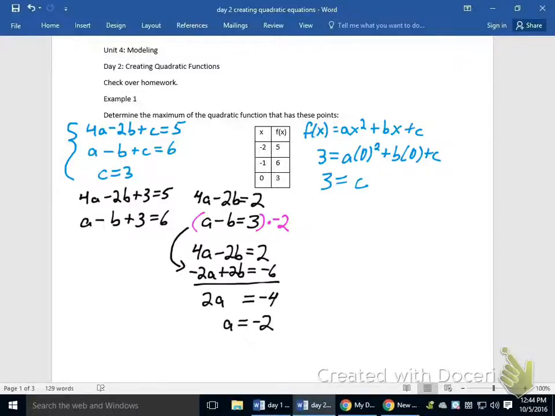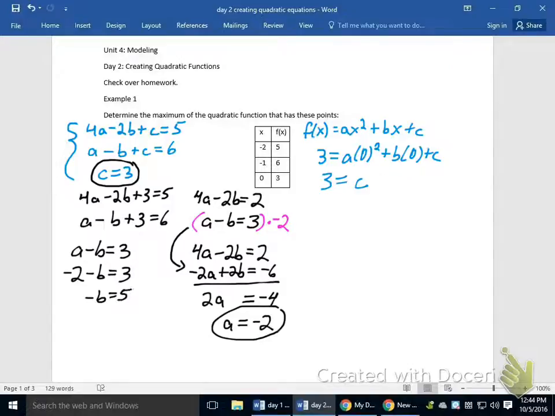Alright, let's circle up things I've got. I've got c, I've got a, I need b. To find b, I'll use the a minus b equals 3 that I had earlier. A is negative 2, that I just found. Add the 2 over, and b would be negative 5.